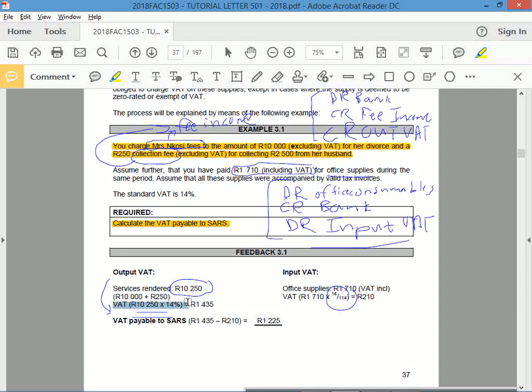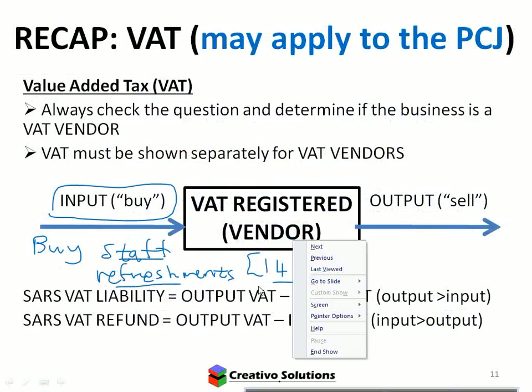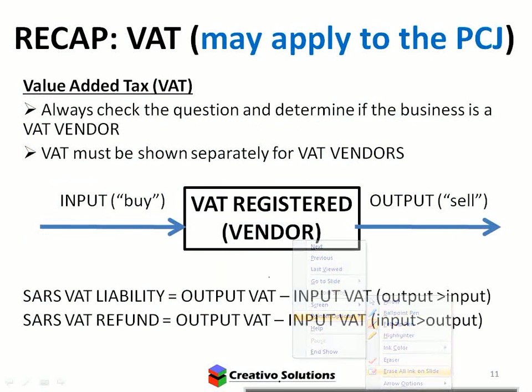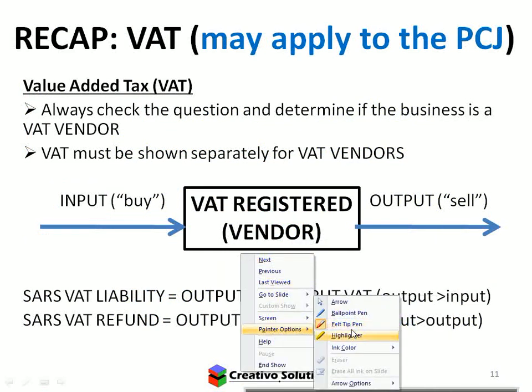So there's the VAT. That's the input, output. There's the input. Input minus output is a liability. That's the output minus the input. Right, let's add that to our diagram. If we draw a picture for what happened, this is what happened.